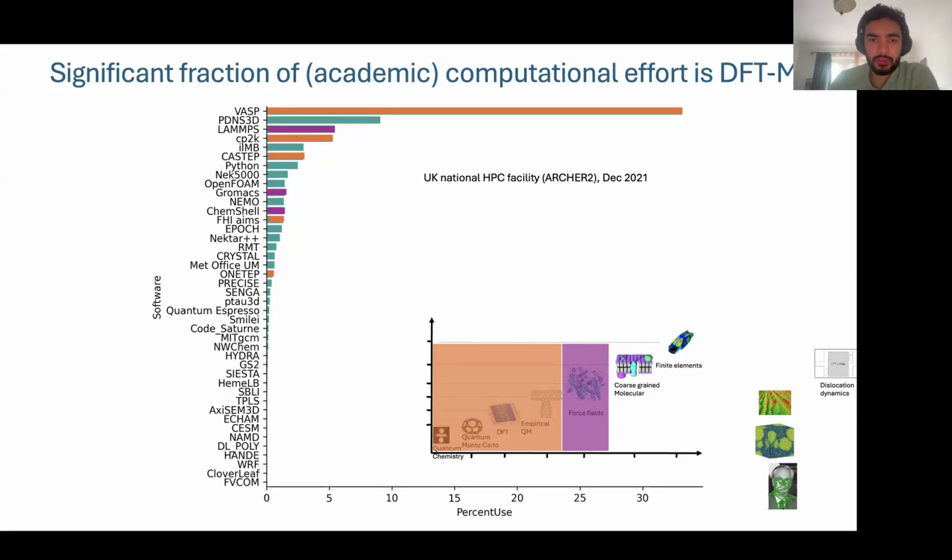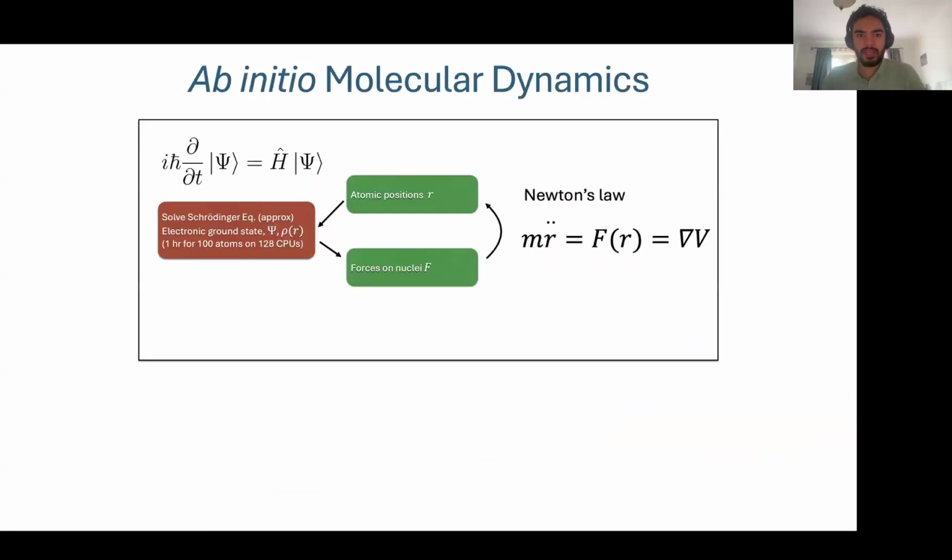And the reason why everyone is doing that is because these simulations are a necessary component to understand anything at the atomic scale. And the reason why we believe that it's possible to speed up these things is because if you look at how you do these simulations, mostly molecular dynamics simulations at the ab initio level, you will have to solve this Schrödinger equation, which is a partial differential equation.